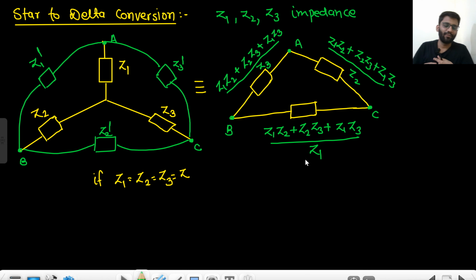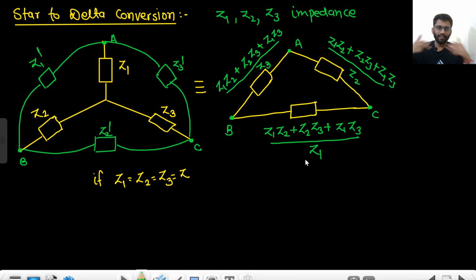So how will we remember it? So you are going from star to delta. Star to, let's look at the screen, look at me, star to delta you are going. So you are getting out of it. If you are getting out of it, that means something will get enhanced. If you are going out of the house, you will grow in some way, you will become bigger, only then will you go out of the house.